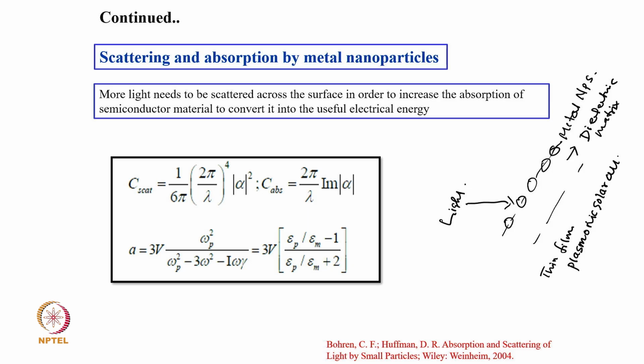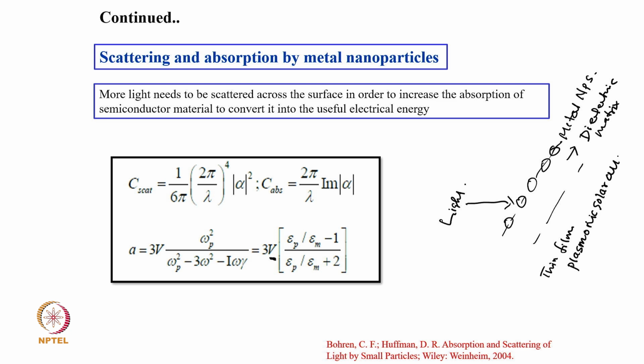If you look at this scattered and absorbed light, alpha is basically the polarizability of the material, and the volume of the particle decides the absorption of light.